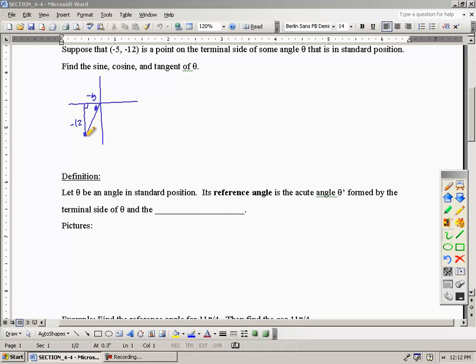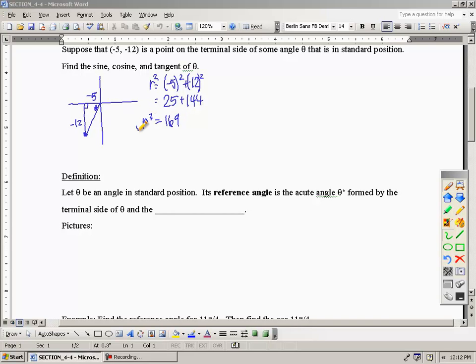Now, what's the only side we're missing? The hypotenuse. How do we find the hypotenuse? Pythagorean theorem. So in order to find the hypotenuse, let's do r squared equals (-5) squared plus (-12) squared. Well, when you square a negative, it's still positive, so 25 plus 144 is 169.